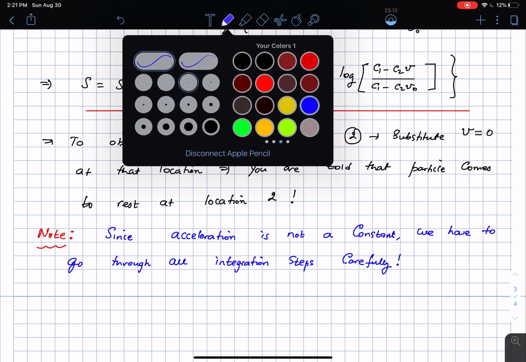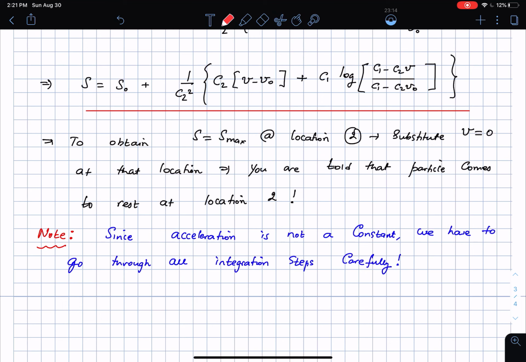Okay, that's something that you want to make sure. Since acceleration is not a constant, you have to start from the first principles.